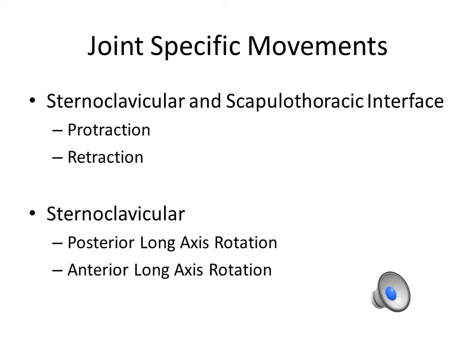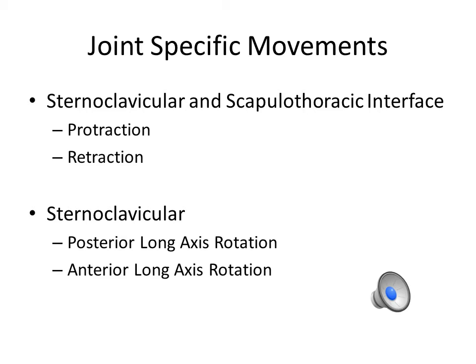Posterior and anterior long axis rotation is described at the sternoclavicular joint. Posterior long axis rotation is where the clavicle is rotating posteriorly along its long axis at the sternoclavicular joint.